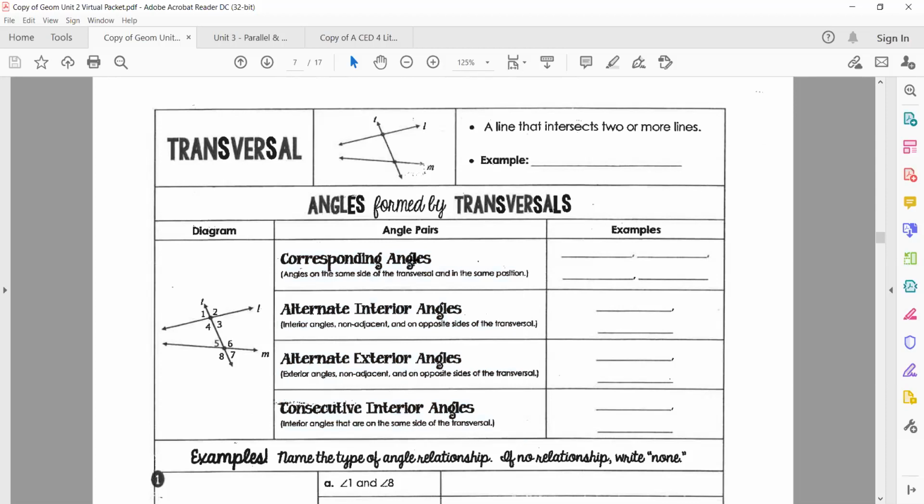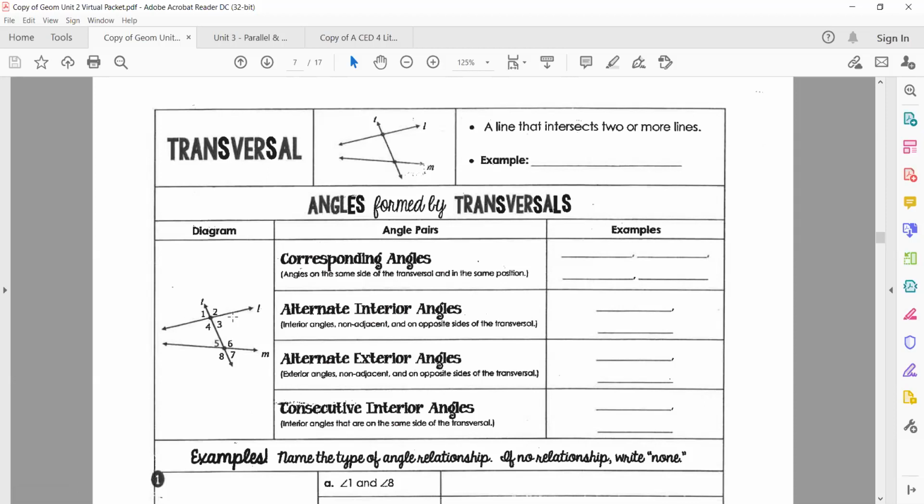Corresponding angles: same side of the transversal and in the same position. Well, what does that mean? Okay, here's our transversal. If I'm looking for an angle that corresponds to angle 1, I need another angle that is on the left-hand side of that transversal and above the other line, right?